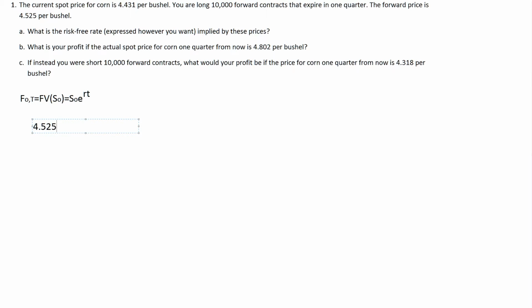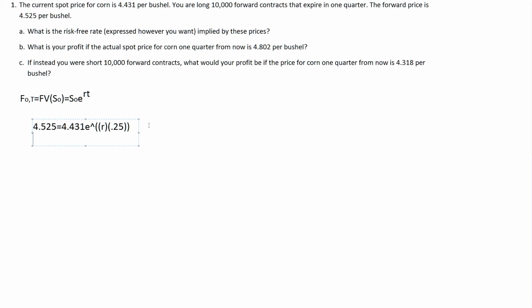We're going to set that equal to the current spot price, which is 4.431, compounded continuously, e to the RT. We don't know what the R is, that's what the question is asking for, but we do know it expires in 1 quarter, so RT is just R times 0.25.